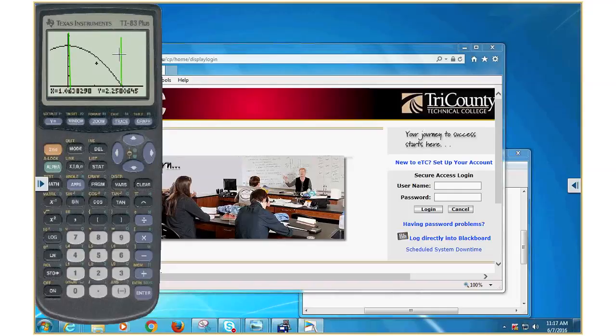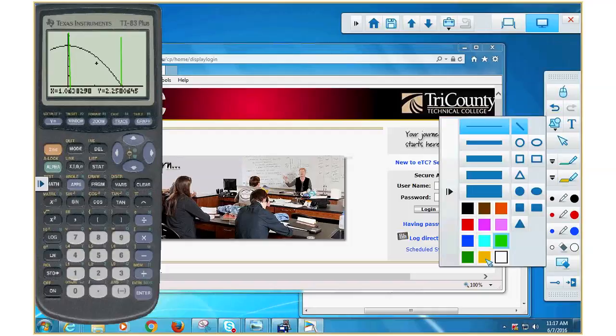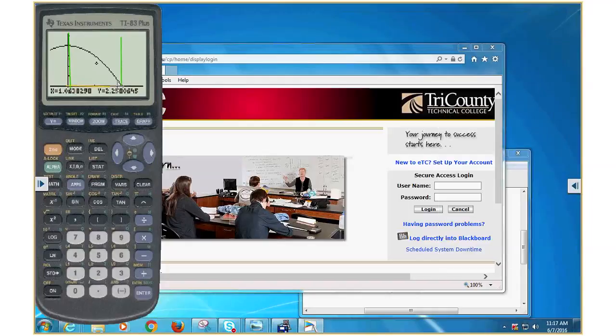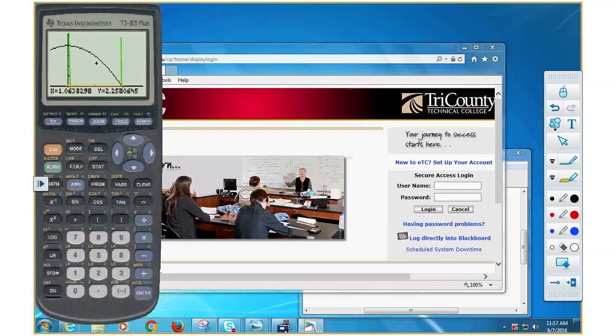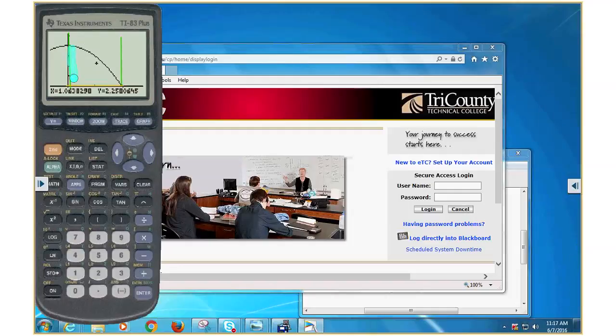So that one, you don't really need to extend it up this way. It just stops right here. And then, of course, the other one, I think I made it yellow, is this border right here. And it stops right there. So you're wanting this area right in there.